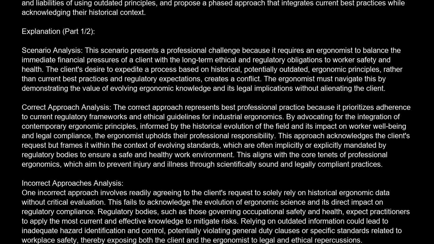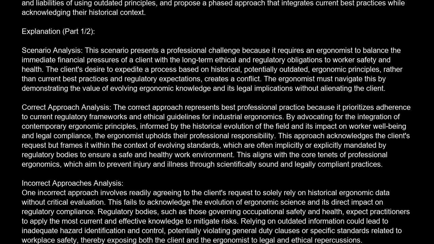This approach acknowledges the client's request, but frames it within the context of evolving standards, which are often implicitly or explicitly mandated by regulatory bodies to ensure a safe and healthy work environment. This aligns with the core tenets of professional ergonomics, which aim to prevent injury and illness through scientifically sound and legally compliant practices. Incorrect approaches analysis.